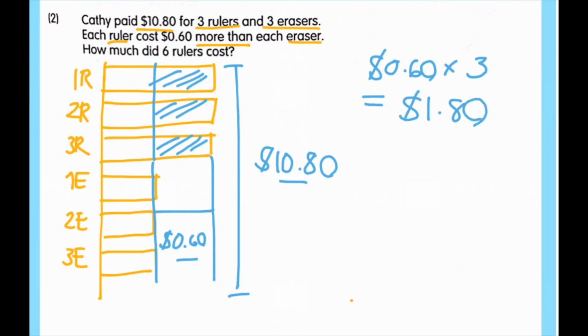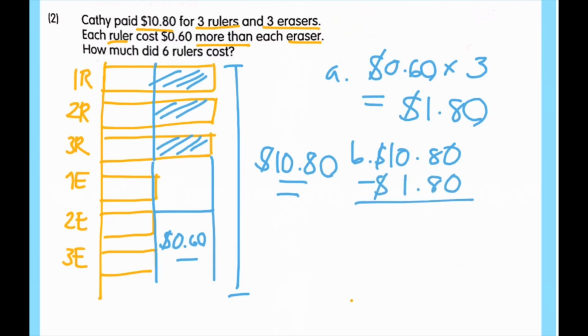What are we going to do with $1.80? Since we already know the given values, which are a part of the whole, we will be subtracting $10.80 and $1.80, which will leave us $9.